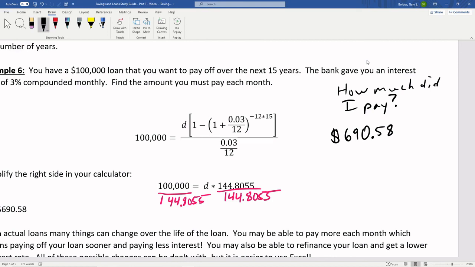So this is how much I paid per month. Multiply that by 12. This is going to be how much I pay each year. So we're doing a little sneaky unit conversion in here, because the 690 you could think of as a rate, a per month. So this is how much I paid, $8,286.96 each year. But then how long did I do it for, right? 15 years. So now times 15. Okay.